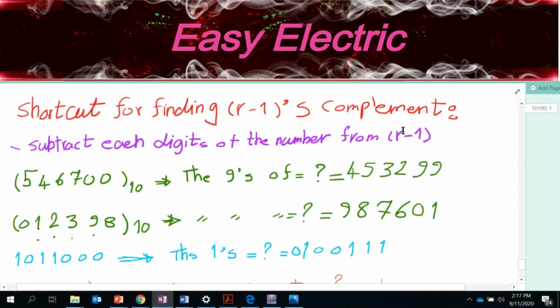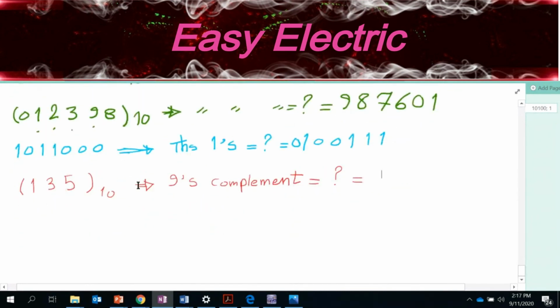You are in base 10, so r minus 1 is 10 minus 1, which is 9. That means you subtract everything from 9. First, 9 minus 5 is 4. Then 9 minus 3 is 6. Then 9 minus 1 is 8. So 8 6 4 should be the answer.